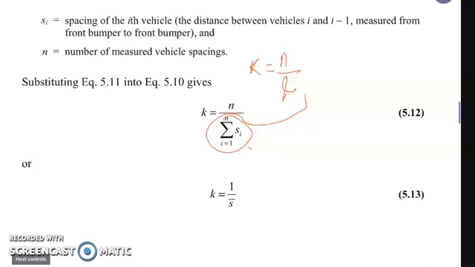Or simply, our traffic density K is equal to 1 all over bar S.